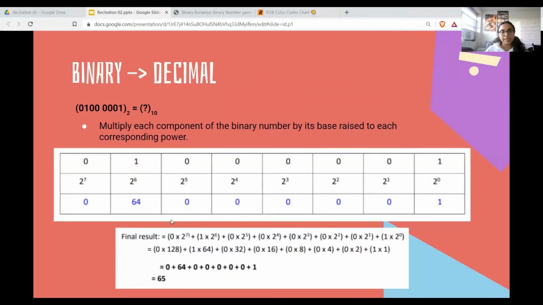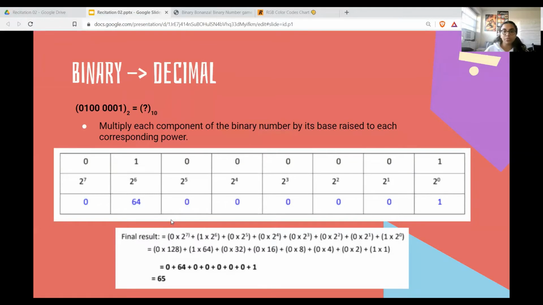Now the next topic is binary to decimal conversion. The step for conversion is to multiply each component of the binary number by its base raised to its corresponding power. Here the base is going to be 2. So for the number 0, 1, 0, 0, 0, 0, 0, 1, when we look at the rightmost bit 1, it will be read as base 2 raised to the power 0 because it is the first rightmost element.